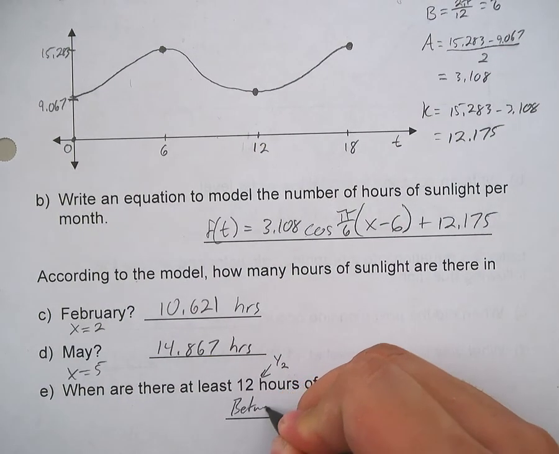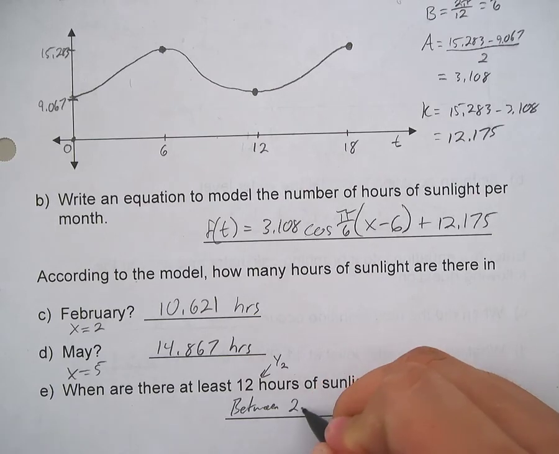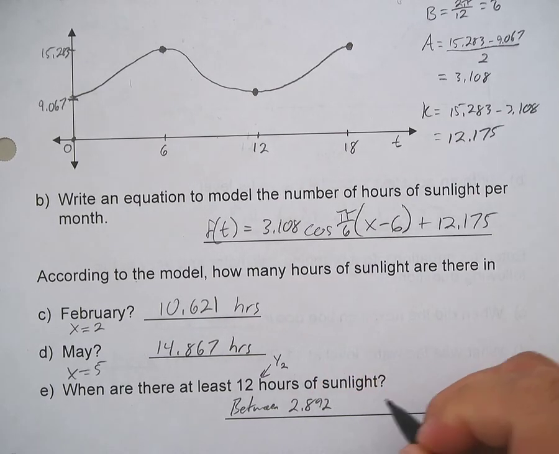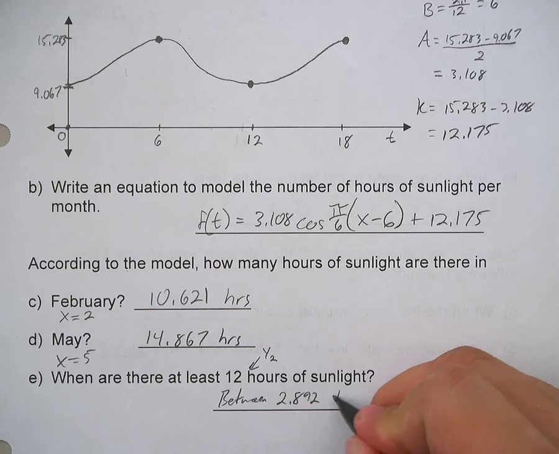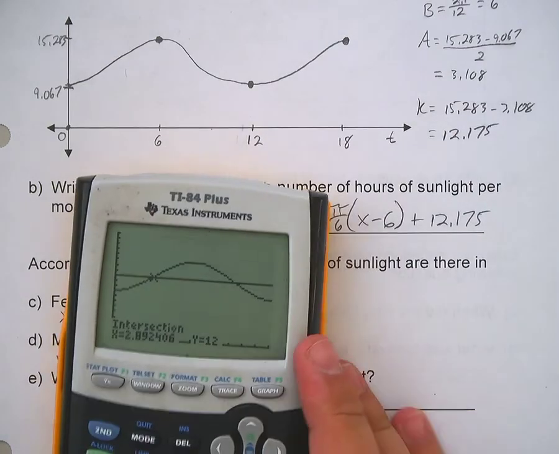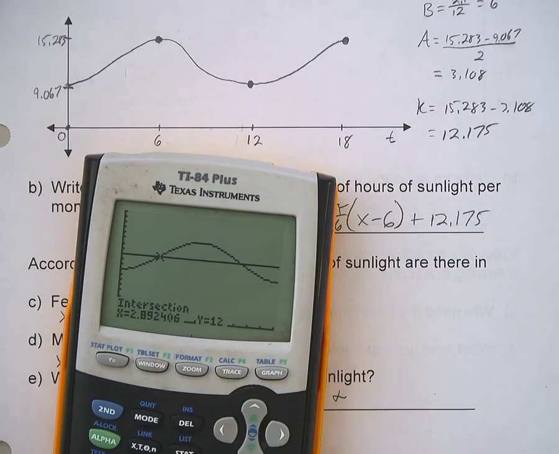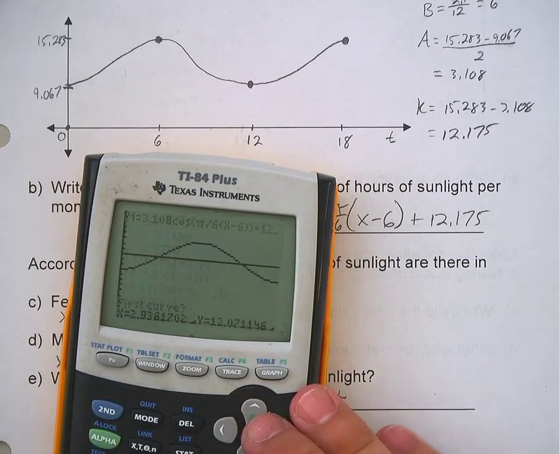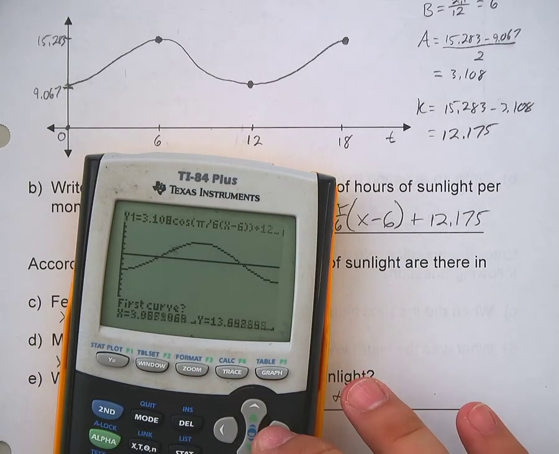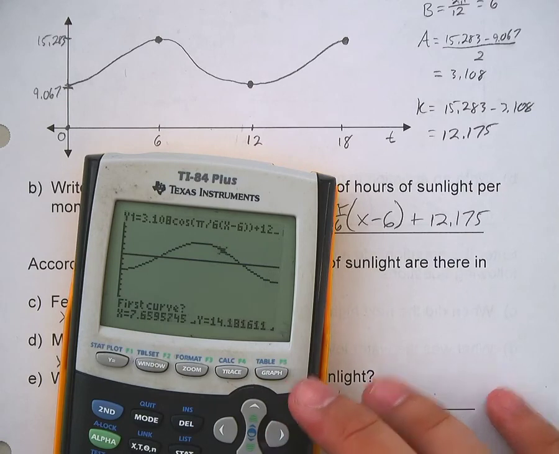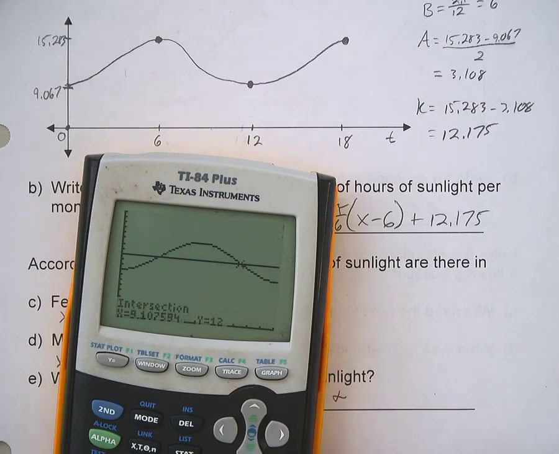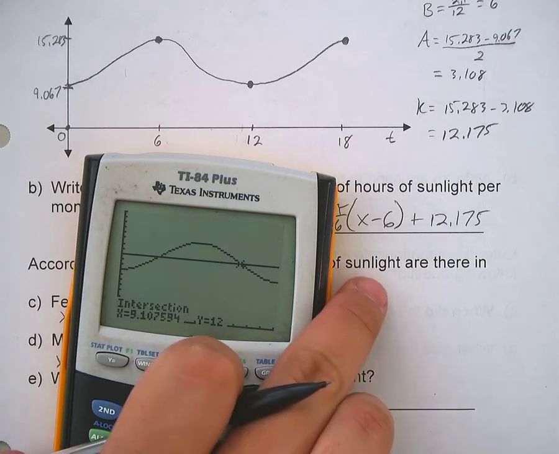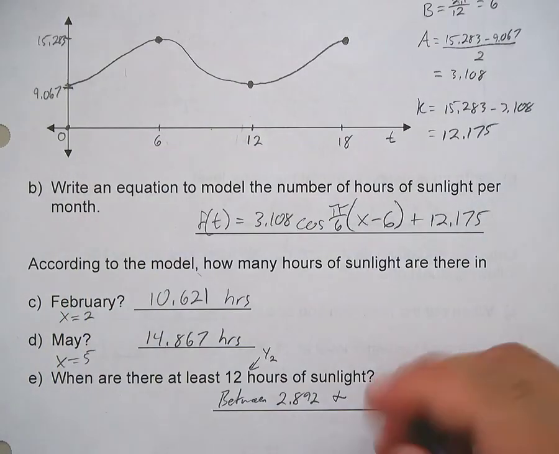So this is going to be between 2.892 and my next one. Keep scrolling. Okay, I'm close enough. It'll snap to the closest intersection, 9.108.